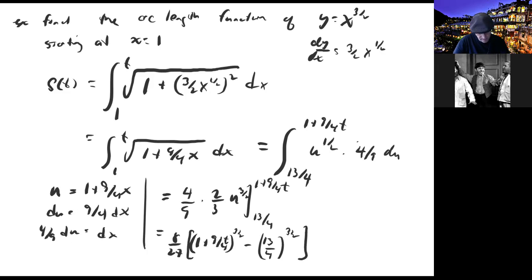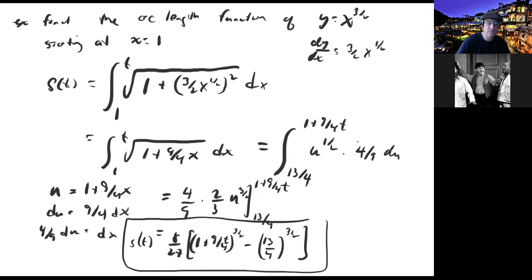I think I'm going to leave it like that. So that's what s of t is. It's not completely simplified, but it's good enough. Okay, so there you go. That's the arc length function. The next topic is surface area.